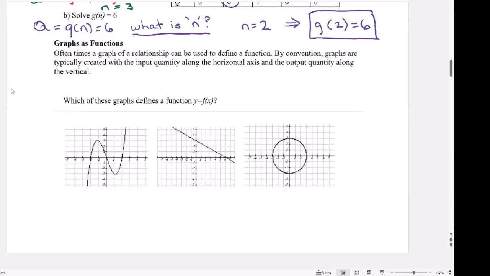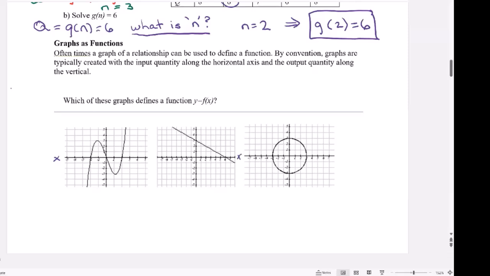We can also have graphs as functions. So often a graph of a relationship can be used to define a function because we said, we can use x comma y. By convention, graphs are typically created with the input quantity along the horizontal. So we usually use x along here.